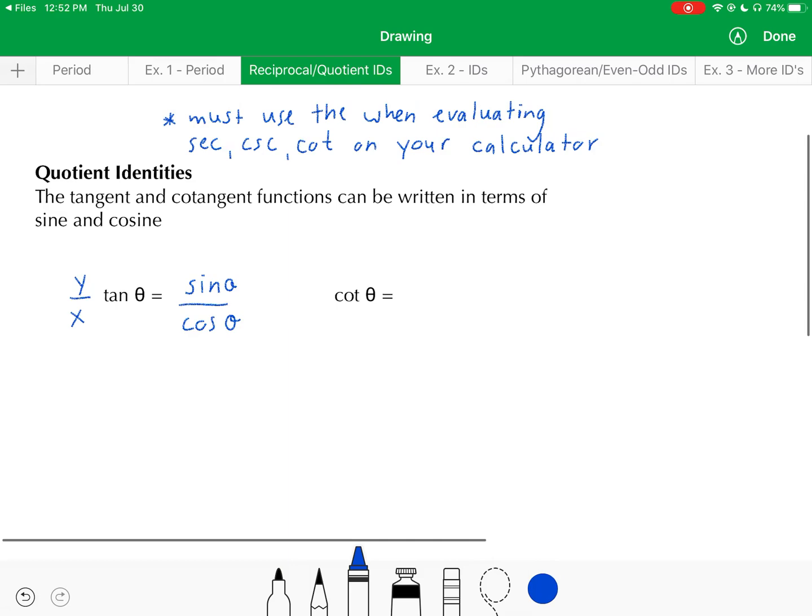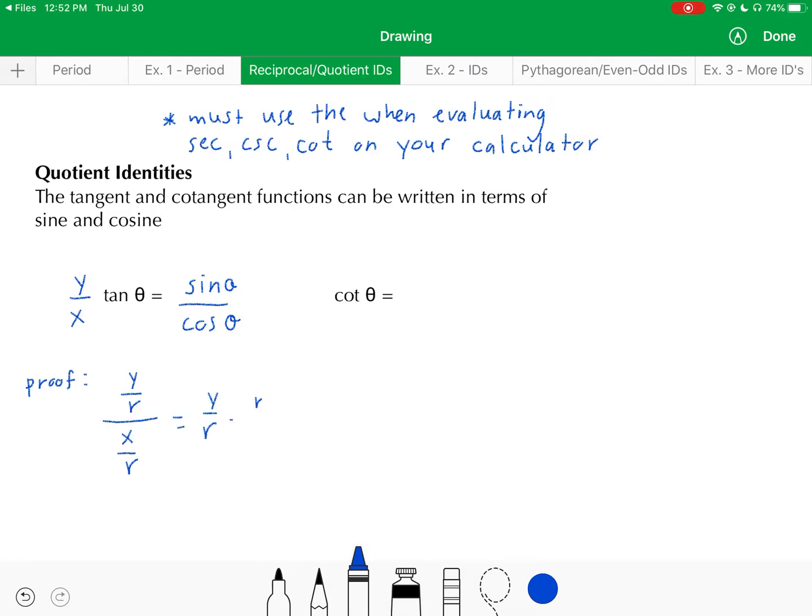Okay, let me give you another proof that works for all values of r. Sine of theta is y over r. Cosine of theta is x over r. So that's the same as y over r times the reciprocal r over x. Notice how those wipe out, and you're left with y over x. Okay.